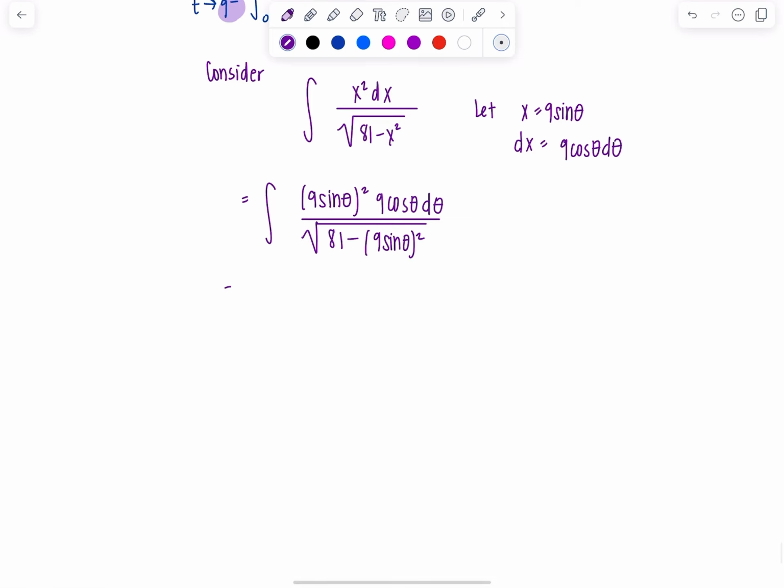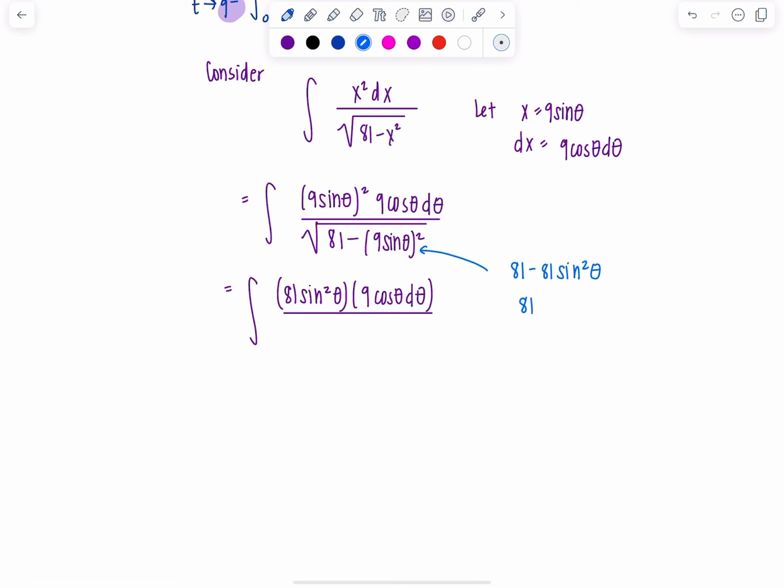In the numerator, we've got 81 sine squared theta, and then 9 cosine theta d theta. And then in the denominator, so I don't want to take too much time writing this all out, this is going to end up being 81 minus 81 sine squared theta.